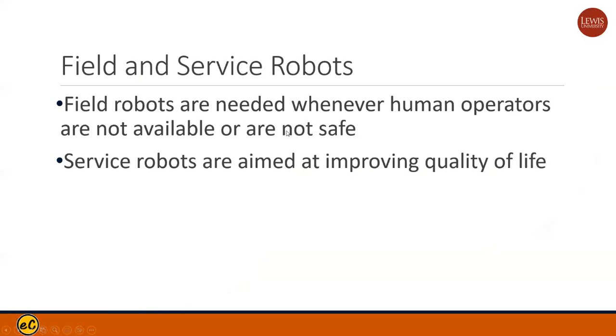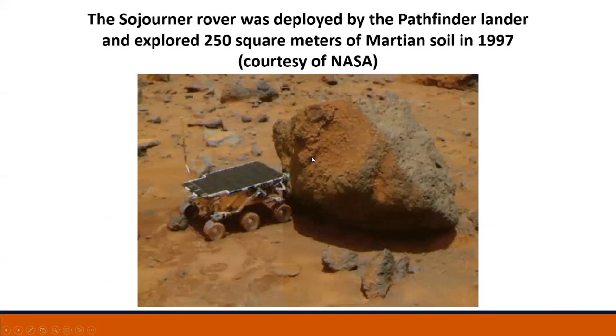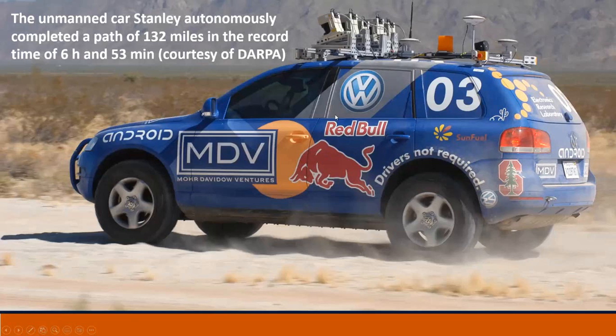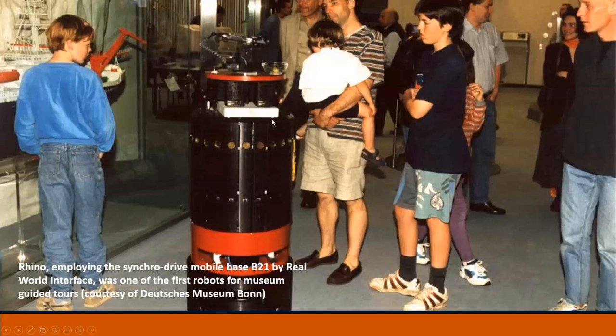Field robots provide a service, such as the Mars rover from NASA. Service robots provide service.